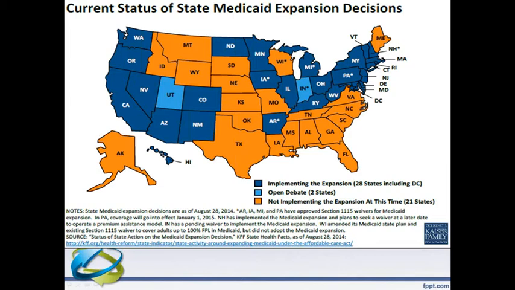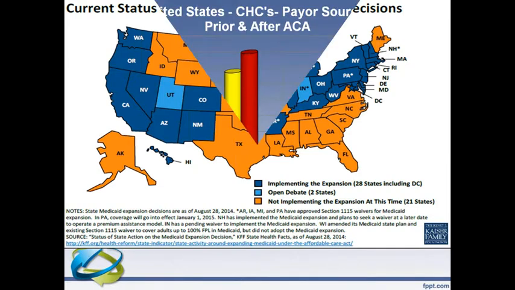Right now, there are 28 that have expanded, 2 states still in debate, and 21 states that have not implemented the expansion. And of course, that will impact revenue. For the ones that have implemented, we've seen that in 2014, those clinics went from losses to actually having small bottom line profits because of that significant change.